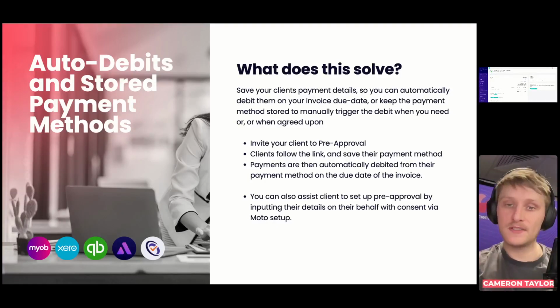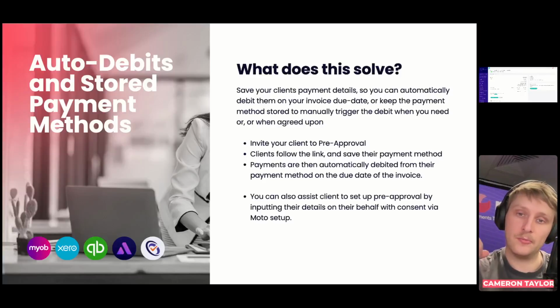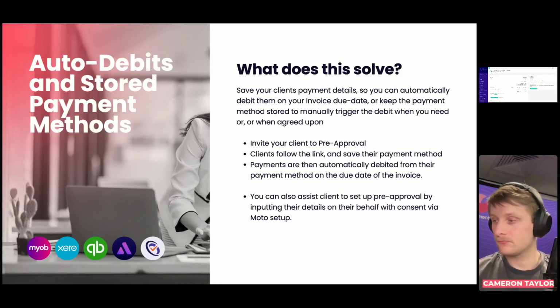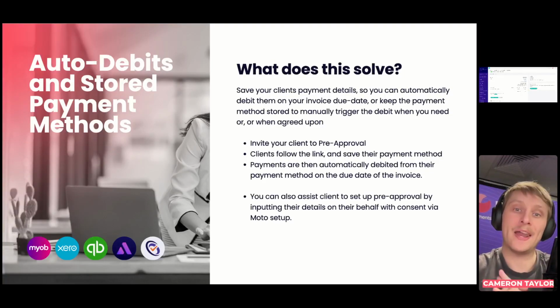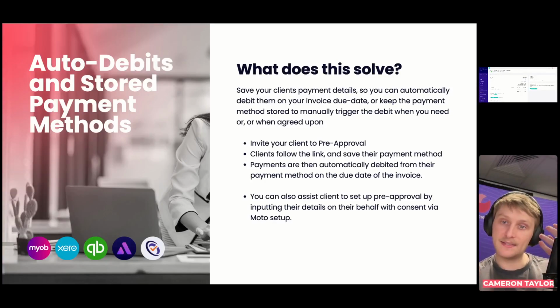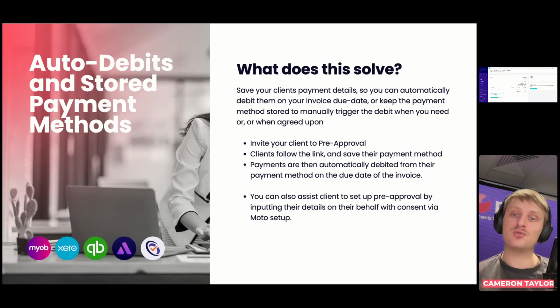The next thing that moves us on to is our auto debits and stored payment methods. Now, when we at Pinch refer to an auto debit, unlike what a lot of companies do, where that is specifically for bank account payments only, one of the amazing things that distinguishes Pinch from other providers is that we combine both cards and bank accounts into the same flow that allows you to automatically charge your customer, by saving that payment method and then using it to execute a payment.